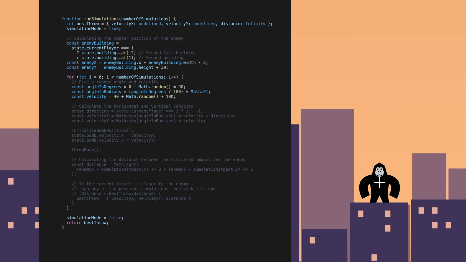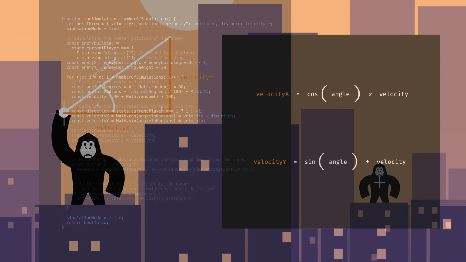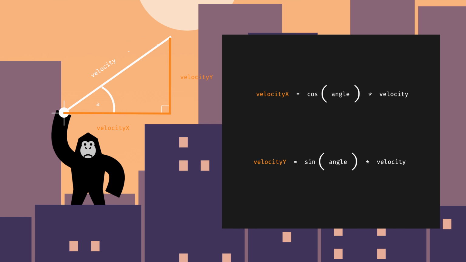To simulate the throw, we need to transform this angle and velocity into horizontal and vertical velocity components. We use trigonometry again to break down the total velocity into horizontal and vertical components. We use the cosine function to get the horizontal part and the sine function to get the vertical part.